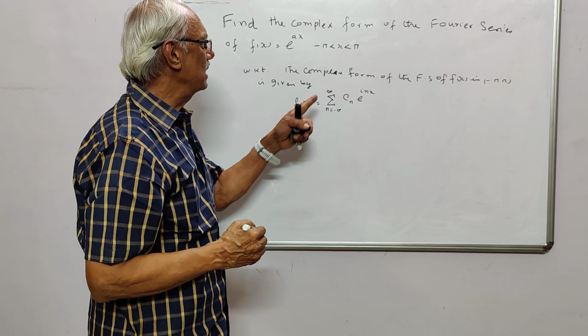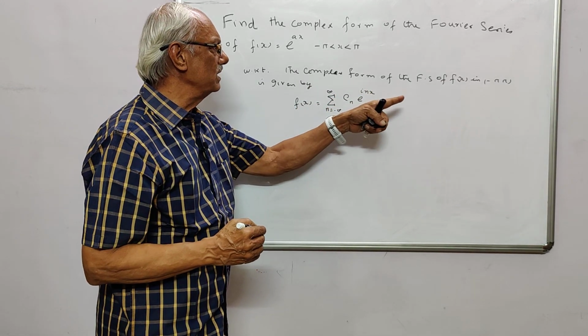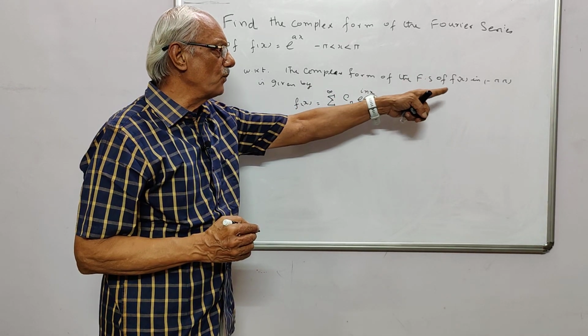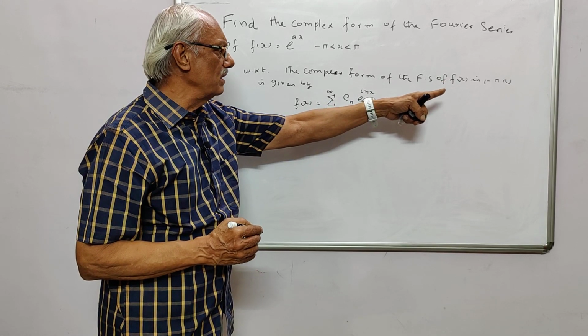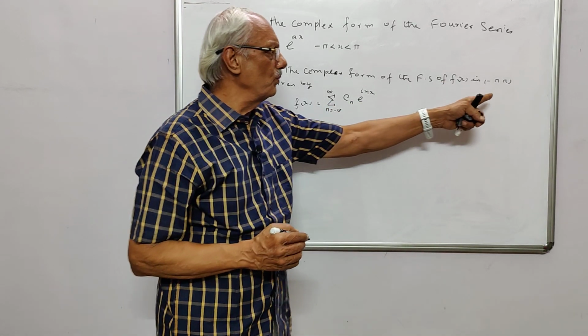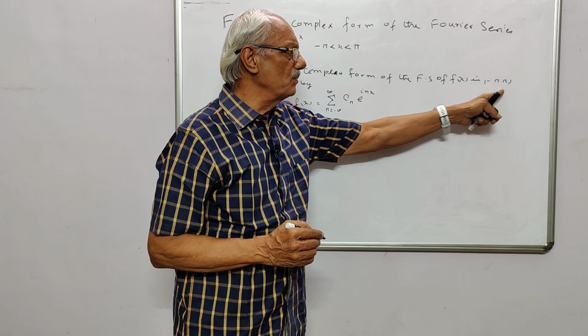So this is the complex form of the Fourier series of any function f of x given in the interval, even it can be 0 to pi or minus pi to plus pi.